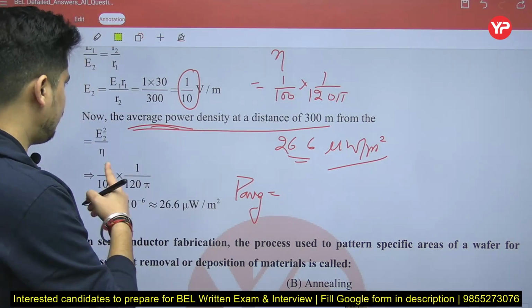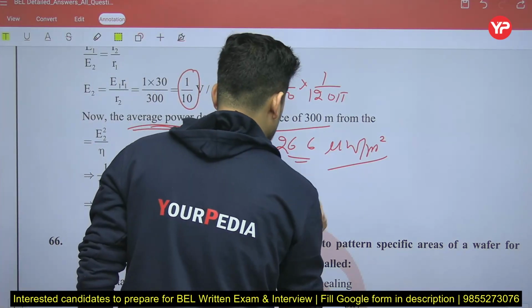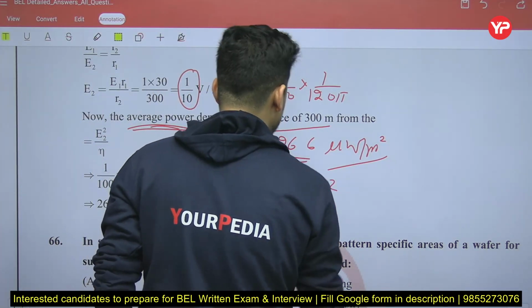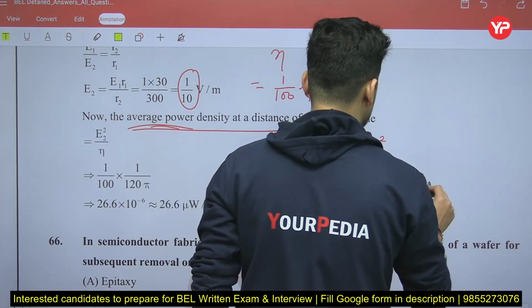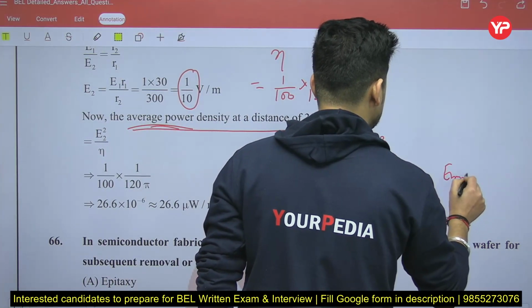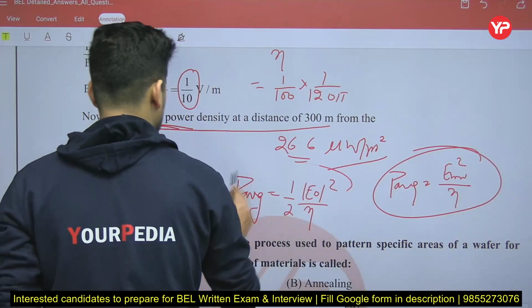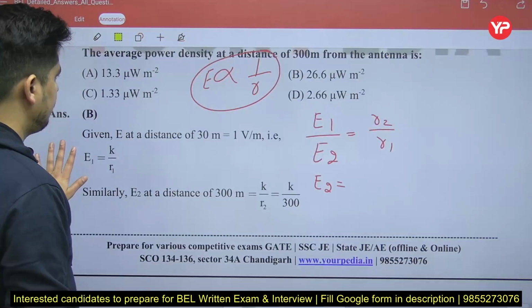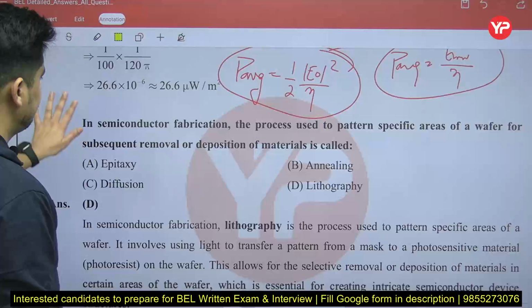If the maximum value of electric field is given to you, you can use this formula, 1 by 2 E naught square, that is |E naught| square divided by eta. If the RMS value of the electric field is given to you, then P average is going to be E RMS square divided by eta. So that is the main difference between these two things, right? So the answer will be 26.6. B answer will be there.